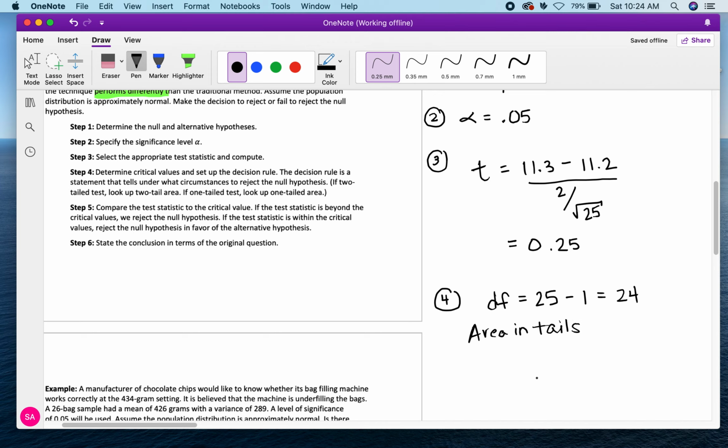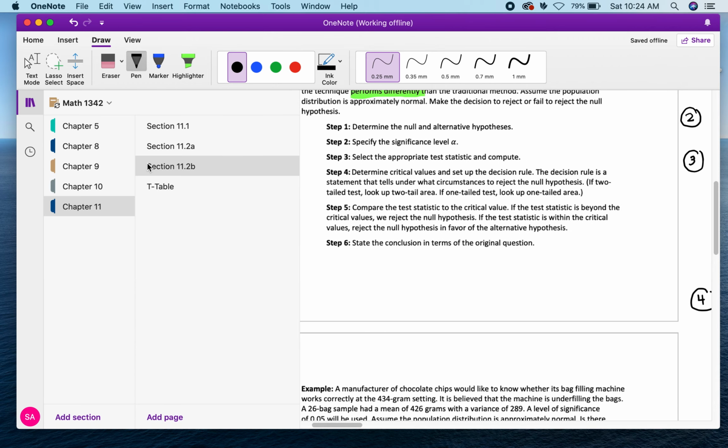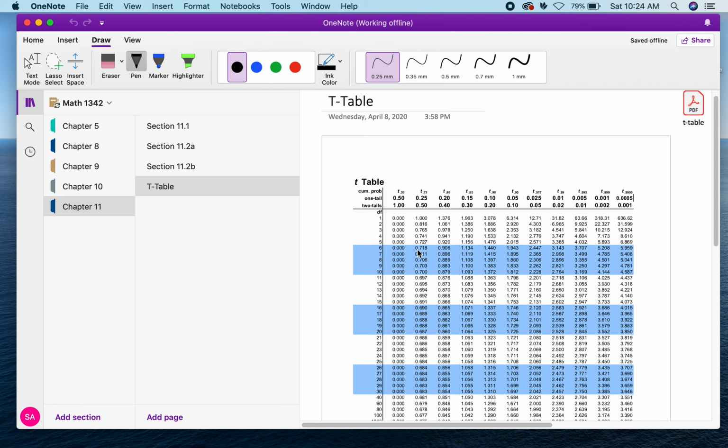Now, if you recall, the t-table, I'll just pop over so I can show you. And I know it looks a little bit different in Hawks. I think they split it up so you click on the t-table for a one-tailed area, or you can click on the t-table for the two-tailed area. The table I have here combines it all into one.